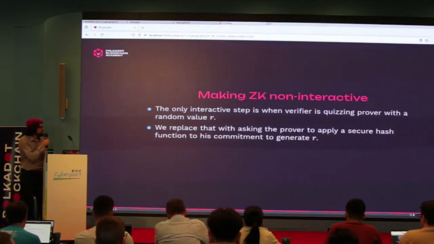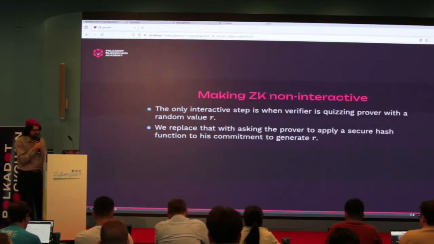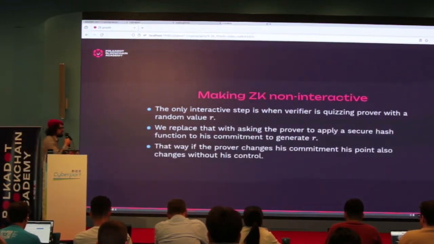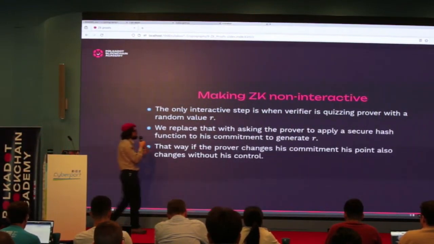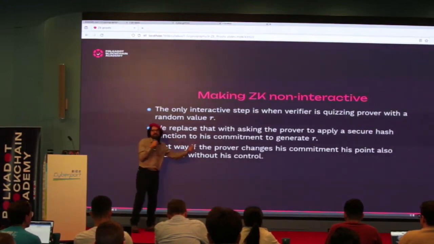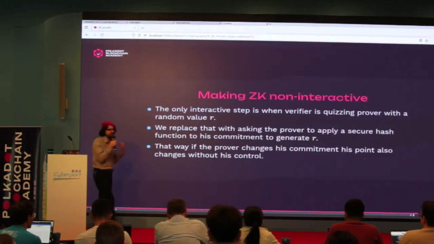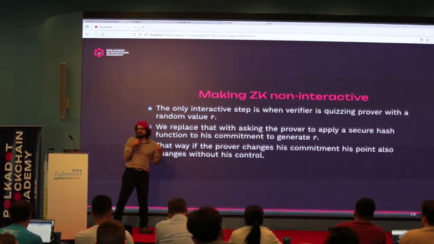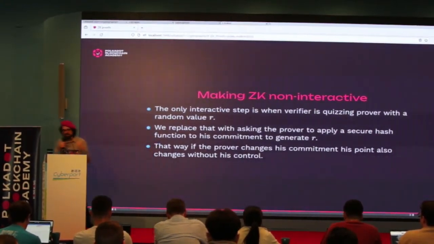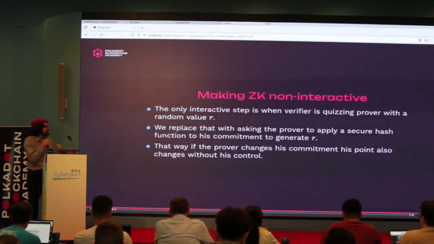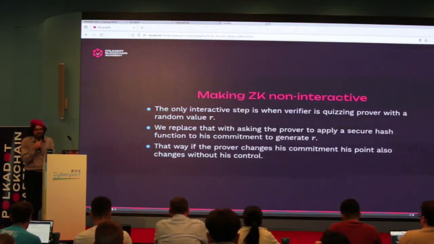What they do is use the hash function that we love a lot. So they make a commitment and they mandate that the U is a hash of the commitment. First you make a commitment, then you hash it and you get this random U. That way you cannot cheat, because the moment you change your commitment because that U didn't work for you, the hash changes and then you have to do another thing.